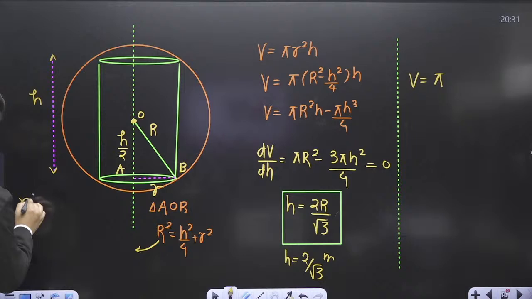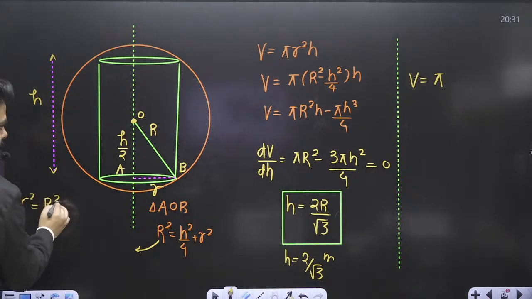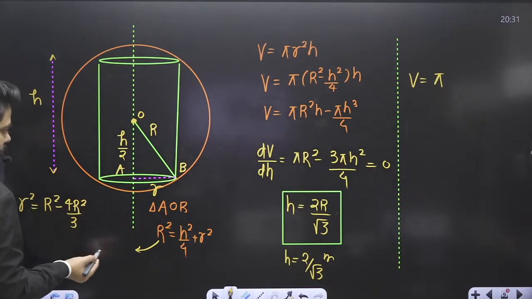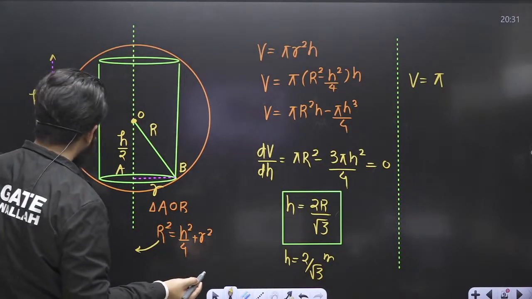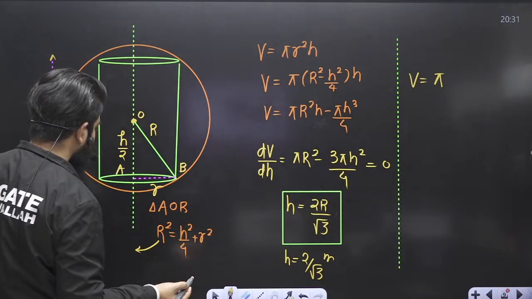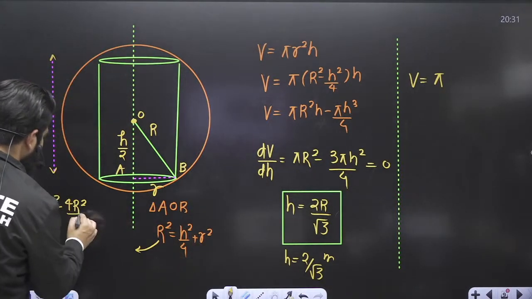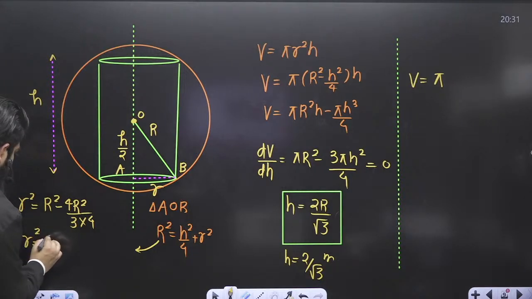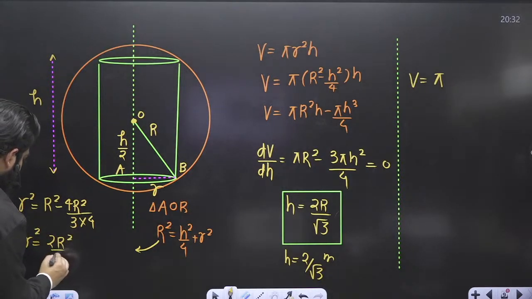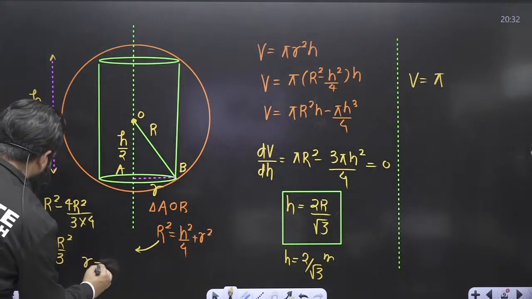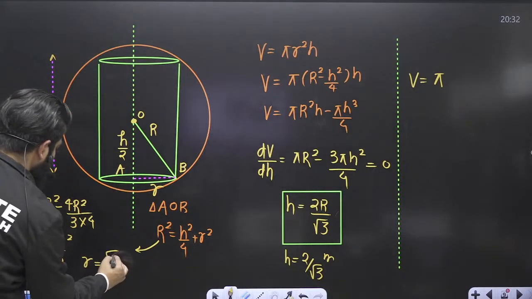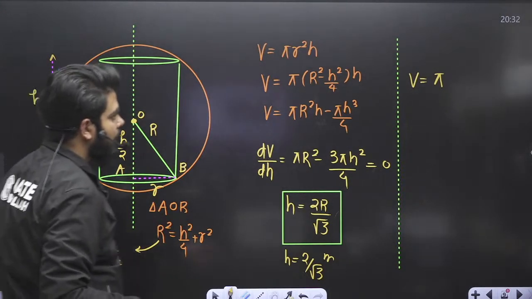This becomes r square equal to R square minus 4R square by 3 by 4. Okay, so r square becomes 2R square by 3, and r finally becomes root 2 by 3.